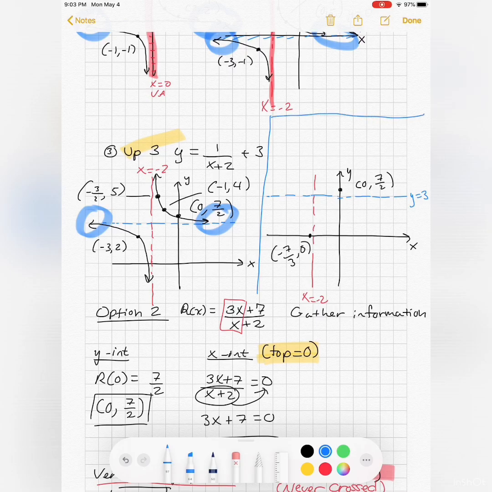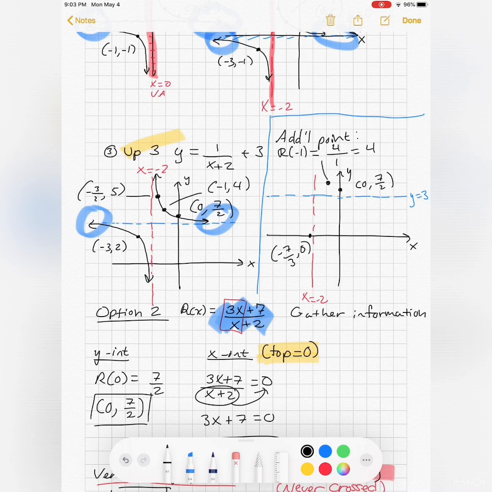With these, sometimes I have to get an additional point or so by taking a value of x and plugging it into the function. I don't know, what if I plugged in -1? Just pick something. That'd be -3 plus 7 is 4, over -1 plus 2.